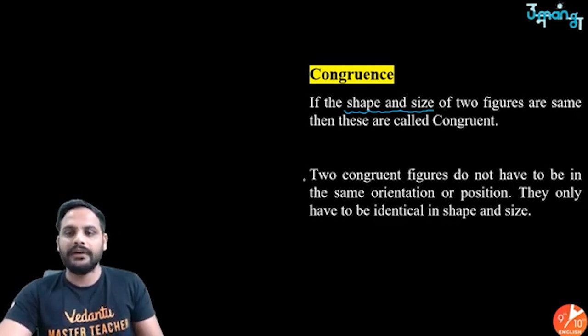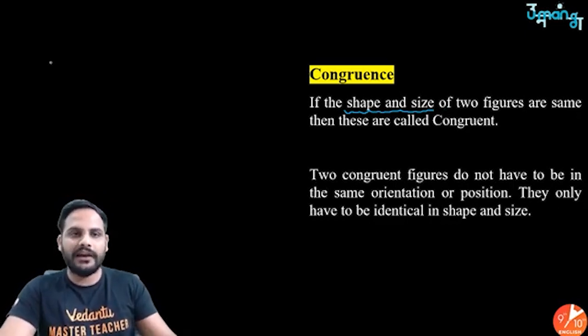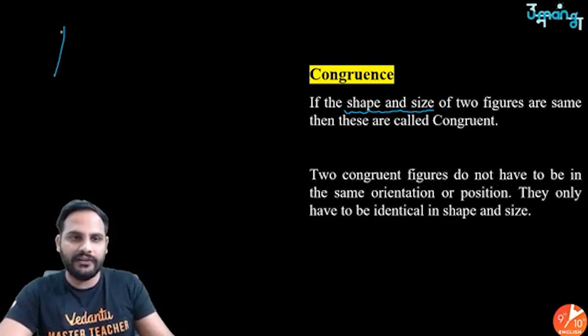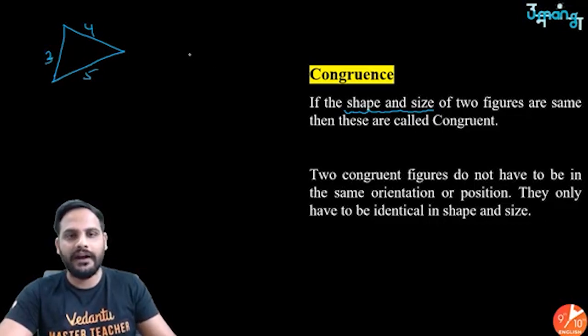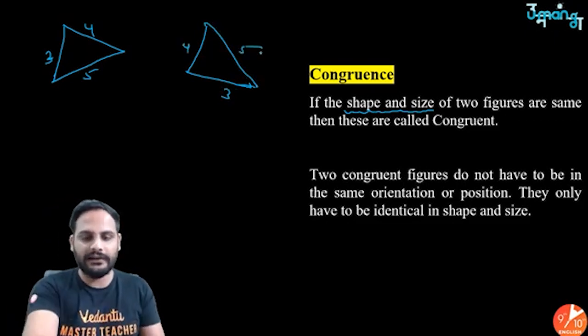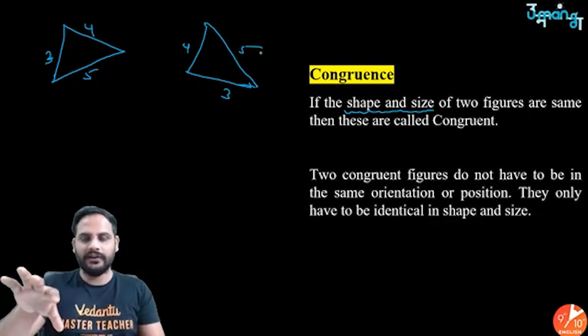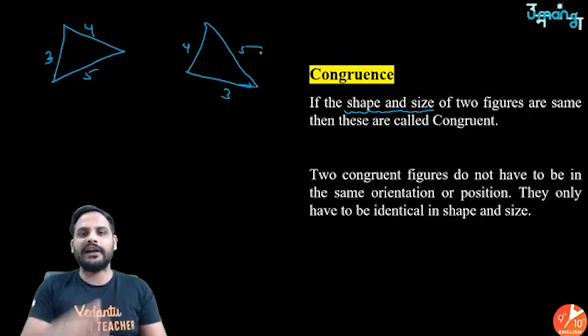Now remember, congruent figures can be in a rotated position. Suppose I give you a triangle with sides 3, 4 and 5, and I keep another triangle like this, with 3, 4 and 5. Now the orientation is different, as you can clearly see. It does not mean you will say, no sir, they are not congruent.